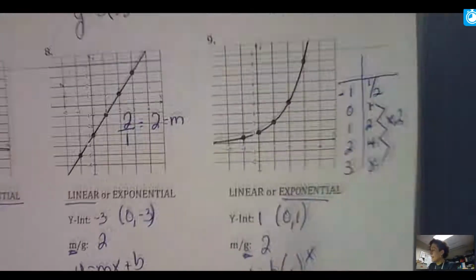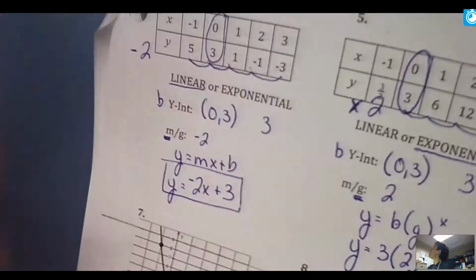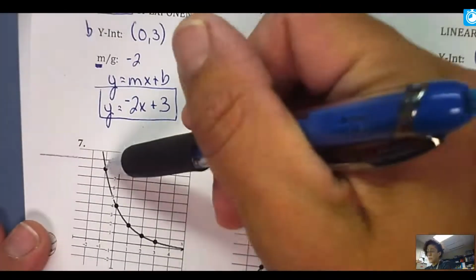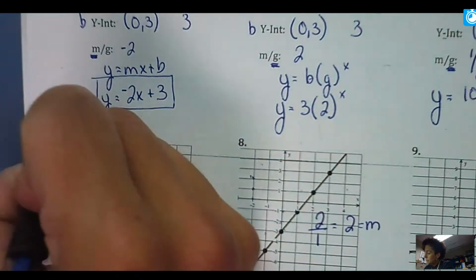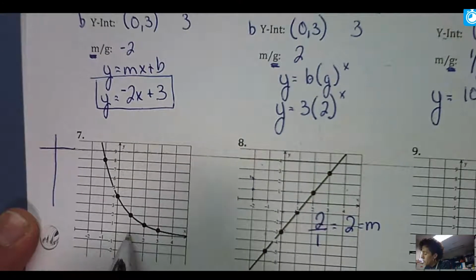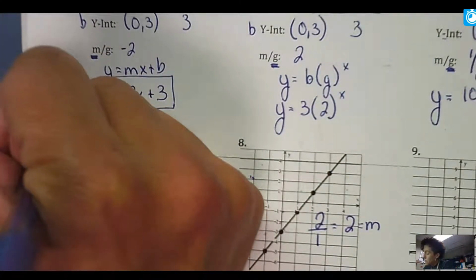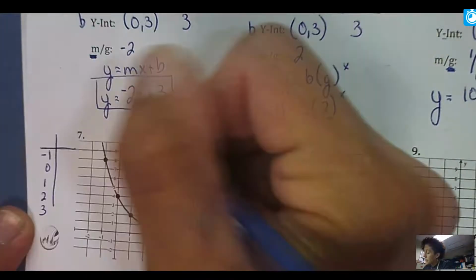All right, on this one, again, I'm going to figure out what these are. So I need to make my table, and I got -1, 0, 1, 2, 3, so I'm going to do that: -1, 0, 1, 2, and 3.